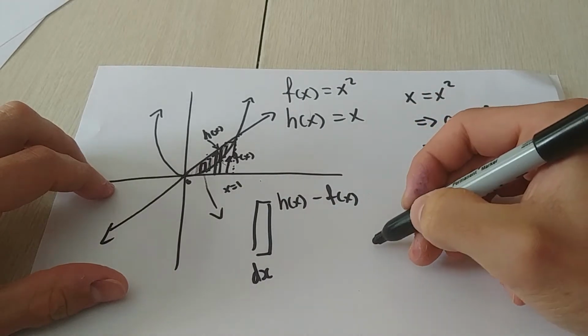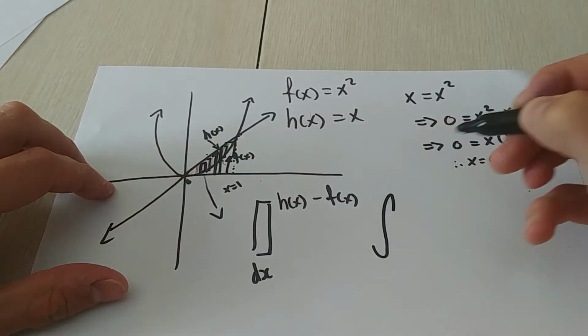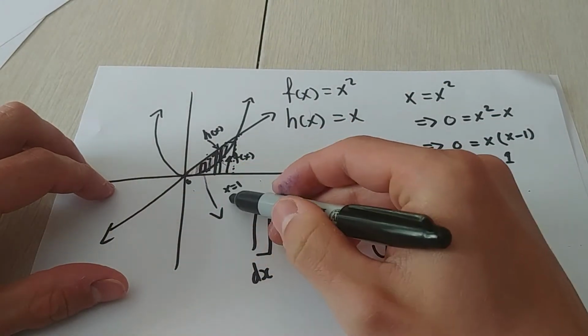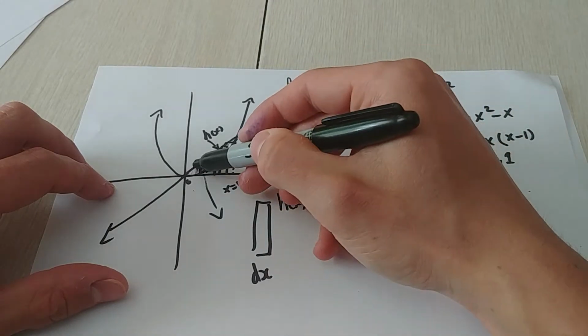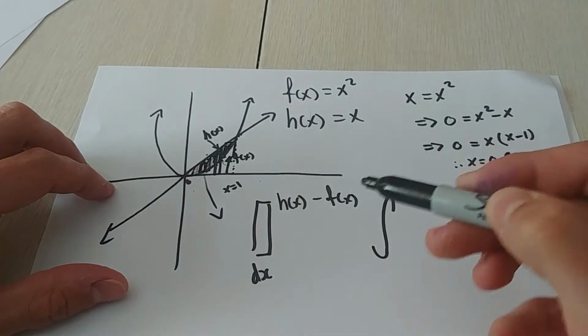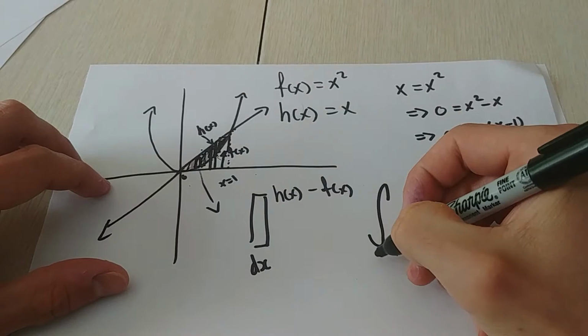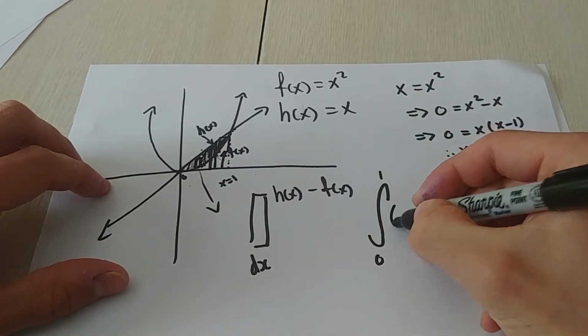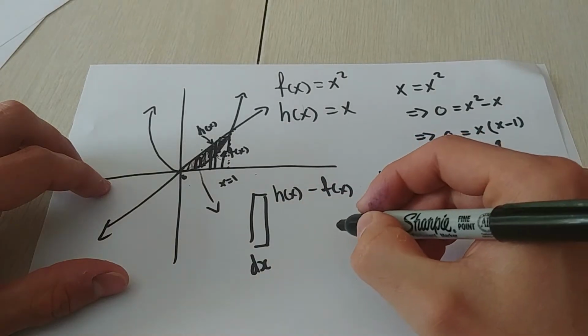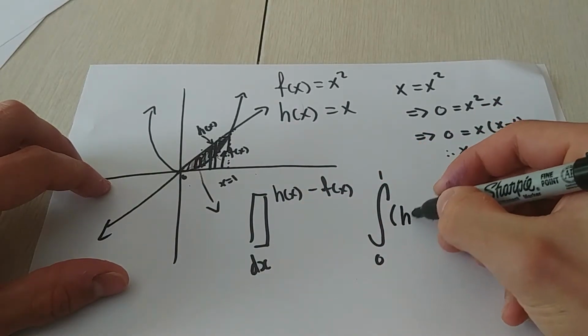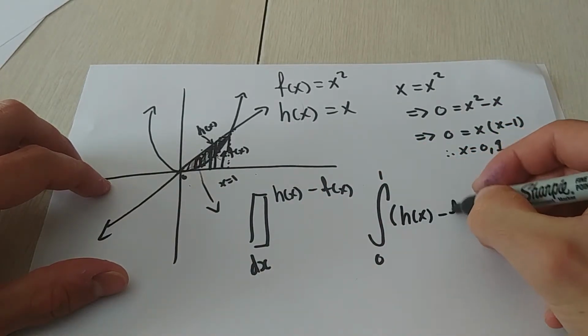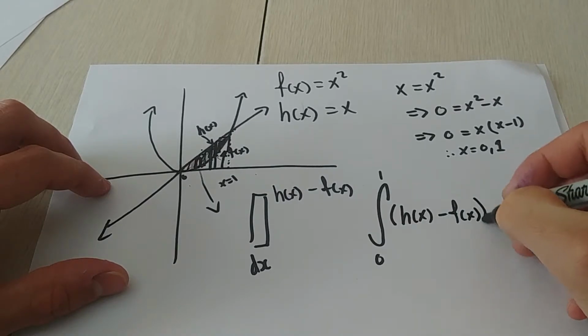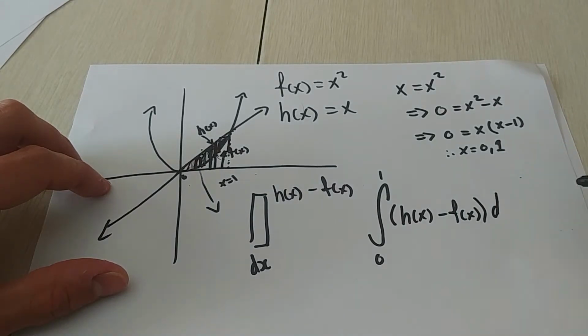And now we have to integrate that from 0 to 1, because that's where the area is. It's a very messy picture now, but from 0 to 1 of the height of the rectangle, h of x minus f of x, multiplied by the width of the rectangle.